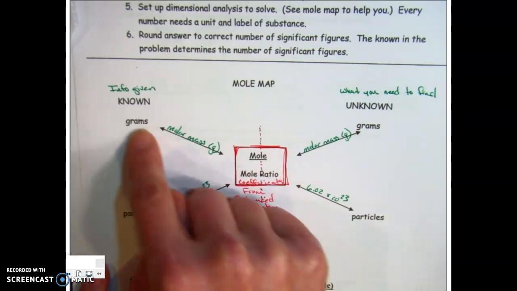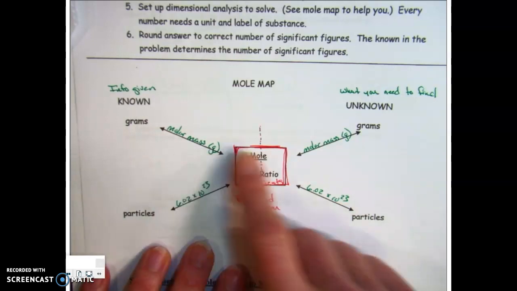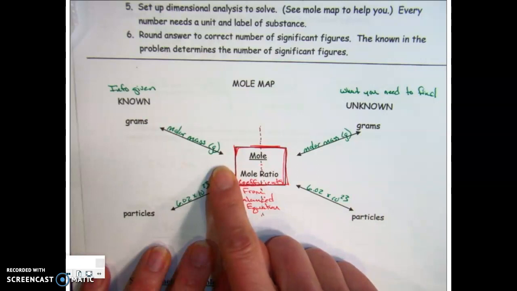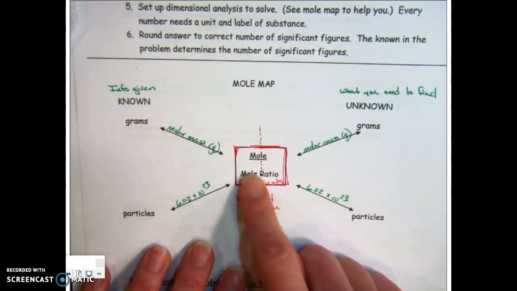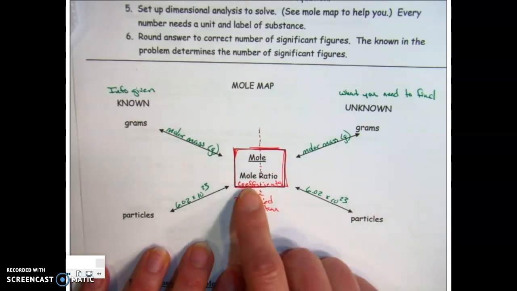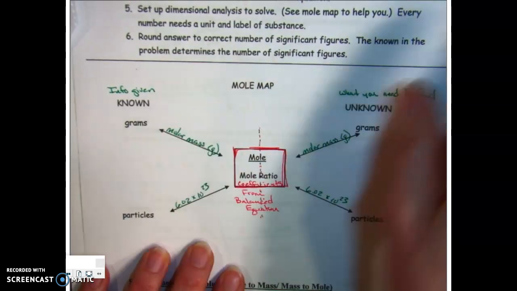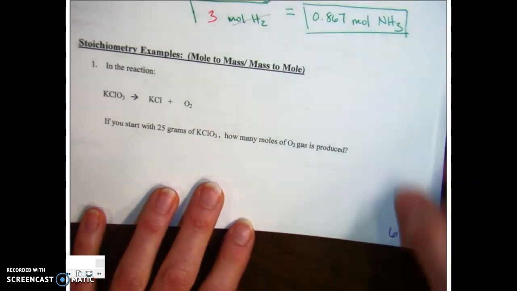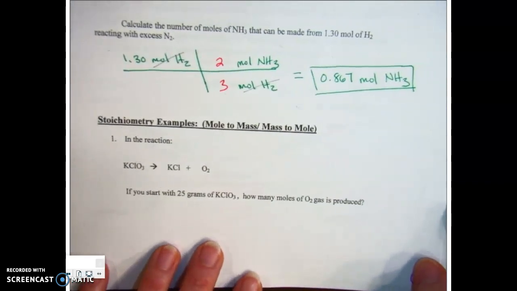So now we're going to move out into the region over here where we might convert to grams, or we might start with grams and convert to moles. Or like I said, we could start with moles and convert to grams. So the first example, I happen to be on page 6 in your packet.